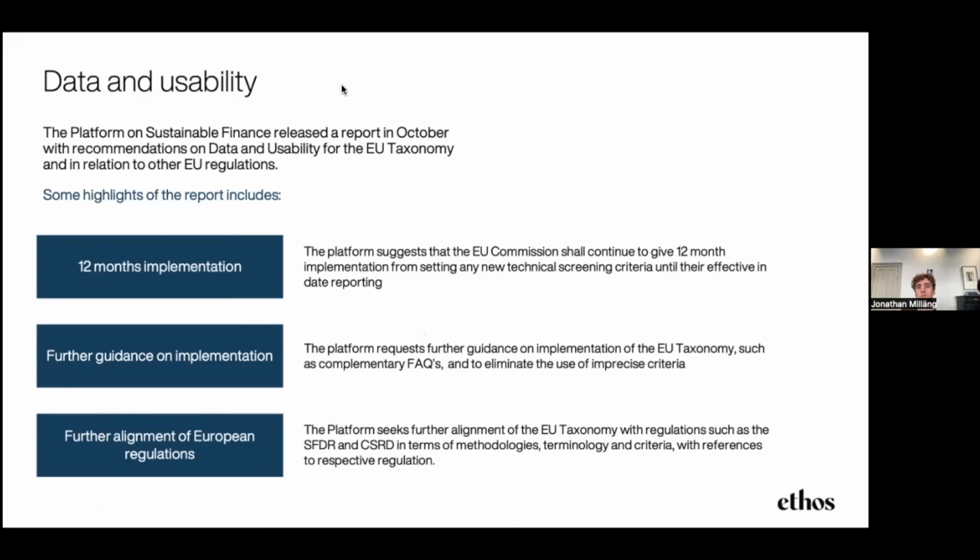As it is today, these are not aligned with each other, and it's not clear in the reference that this could mean the same thing. The platform seeks the regulations to be interconnected, and to make this regulation as efficient as possible.